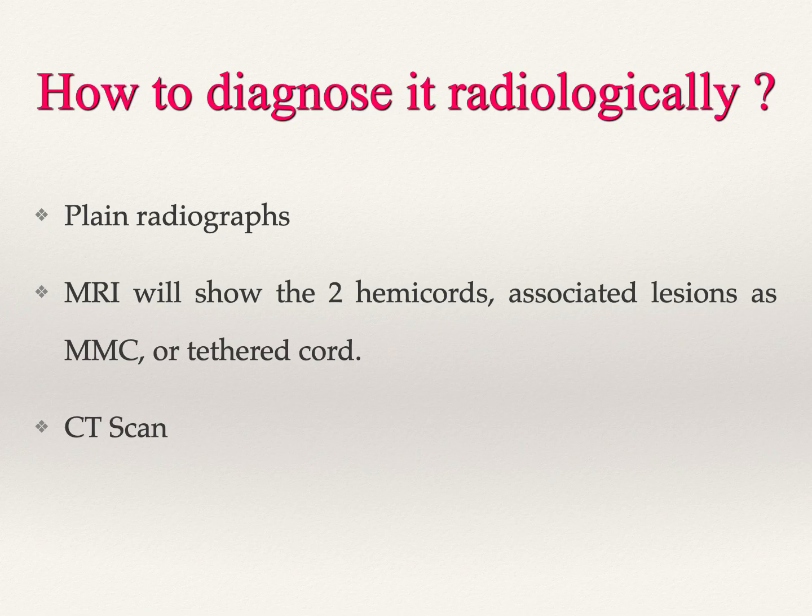You can see the extent of the bony septum. So when you're planning your surgery, you have a better plan. You know where you're going to expose the spine from. You have to plan your skin incision. And then the most sensitive is the CT myelogram. And later we will see why the CT myelogram is important.